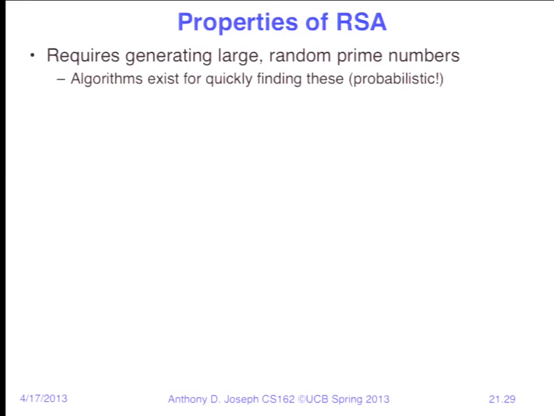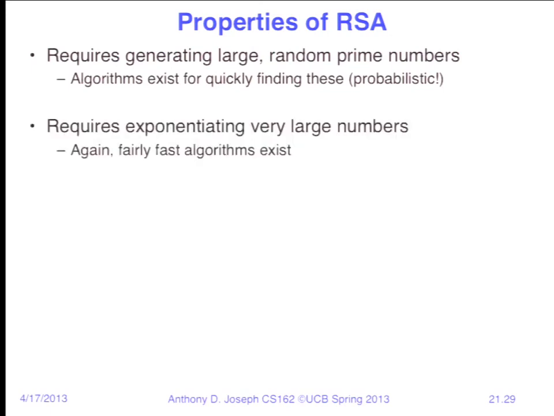If it's not, that's bad. But again, with high probability, you are generating a prime number. You also have to do exponentiation because it's modular arithmetic, and this is exponentiation with very large numbers. But they're very fast algorithms, actually, for implementing that.